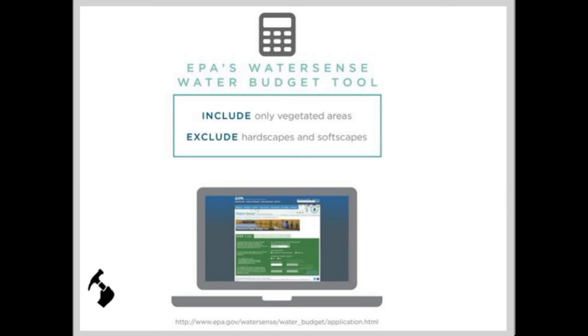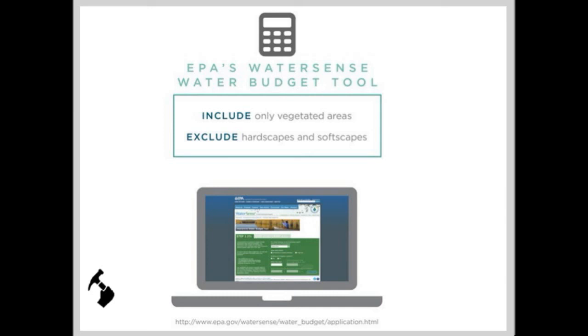Once all that is done, the team should calculate the landscape water budget using the WaterSense Water Budget tool. The team may resolve uncertainties about plants' water requirements by referring to local resources such as plant guides, the State Agricultural Extension Service, or nurseries to classify each plant as a low, medium, or high water user.